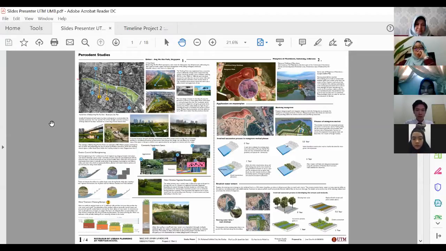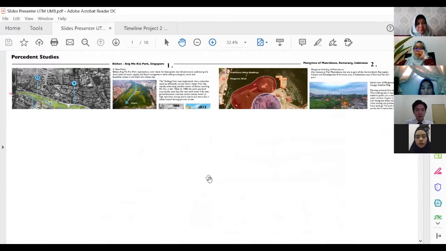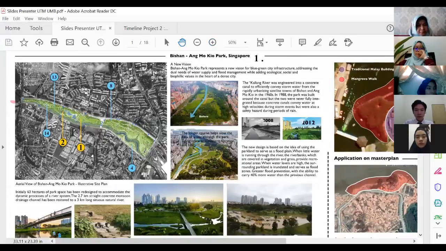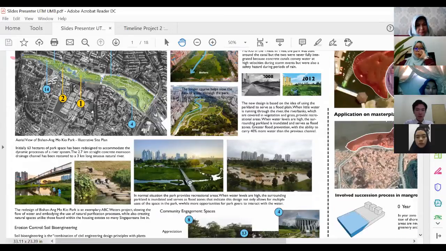These two precedent studies focus on two major areas of my master plan. The first one is the Bishan Park river, which was formerly a concrete canal, then replaced by a river to improve environmental quality, human well-being, and ecology.